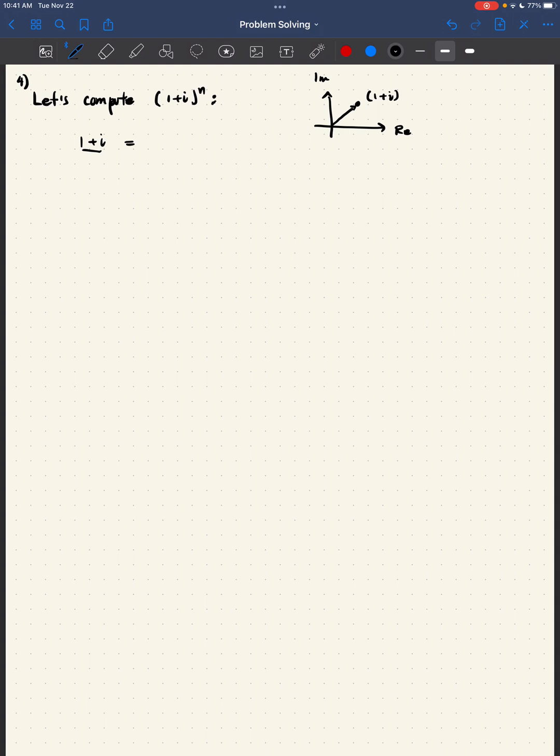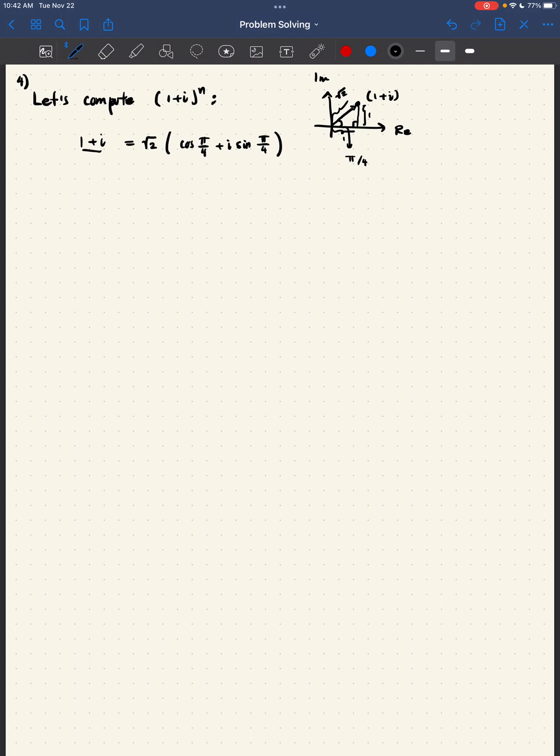Well, look, the length of the vector that is associated here is the square root of 2, as each of these sides is 1. This is a right triangle, so this angle has to be 45 degrees, in other words, pi over 4. So we may write this in the following way. This is the square root of 2 times the cosine of pi over 4 plus i times the sine of pi over 4.